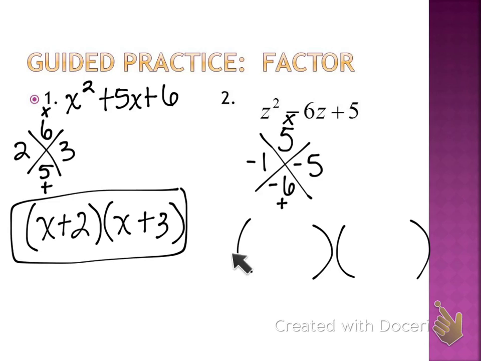Keon, can you tell me what should go in my parentheses? Okay, I agree, but I'm going to just write it. I'll use a Z, so that's what's on the board. So instead of putting plus a negative, I'm just going to put minus.